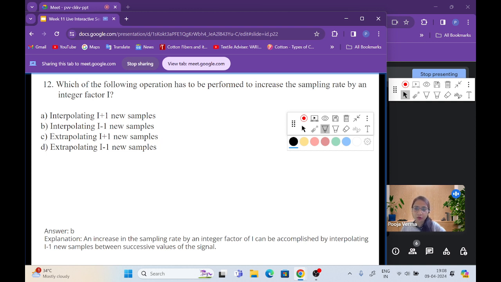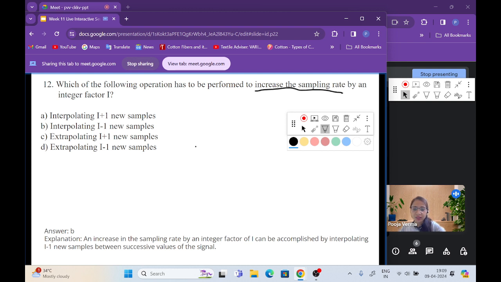Which of the following operations has to be performed to increase the sampling rate by an integer factor I? Here in the question we need to increase the sampling rate. So how many zeros must be added in the sequence? In order to increase the sample rate, we need to interpolate between the samples, right?